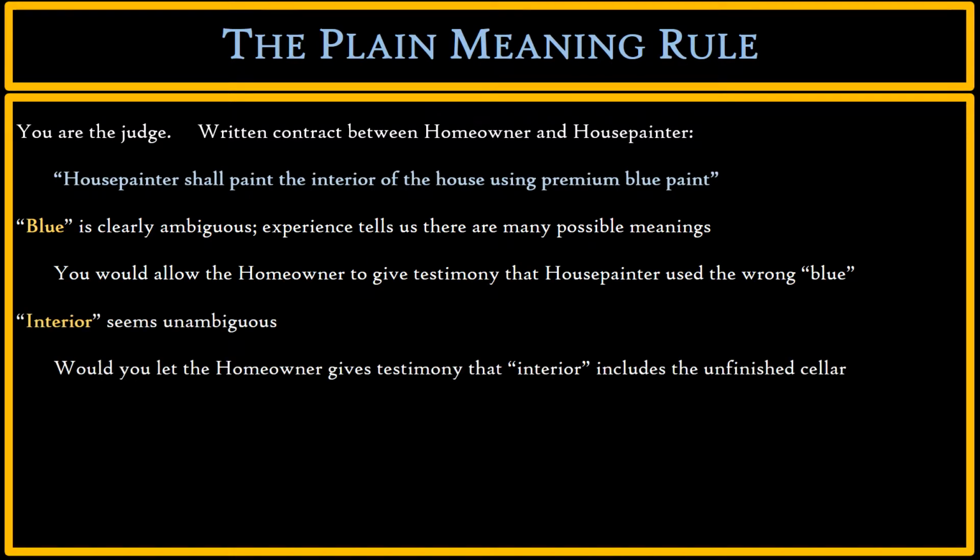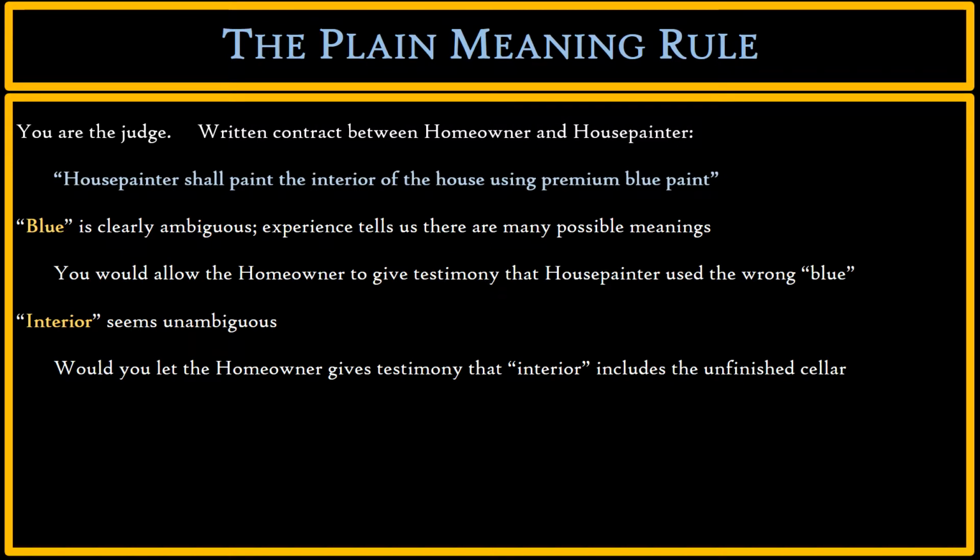Interior. What if the parties want to give extrinsic evidence about the meaning of the word interior? So for example, homeowner says interior means the unfinished cellar. And the house painter didn't paint the unfinished cellar. Would you let homeowner give this testimony to the jury, this extrinsic evidence, explaining the word interior?